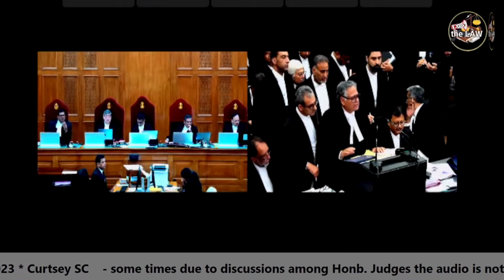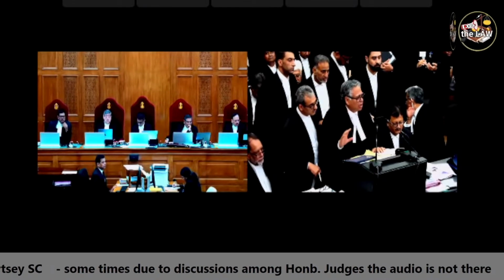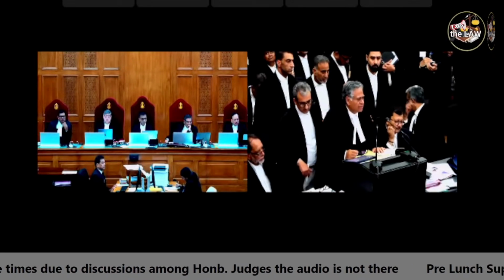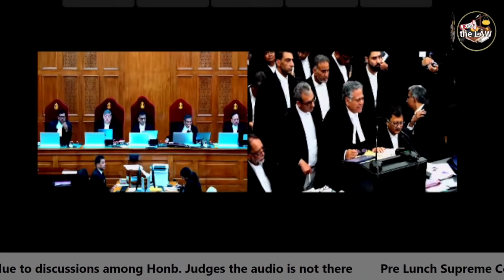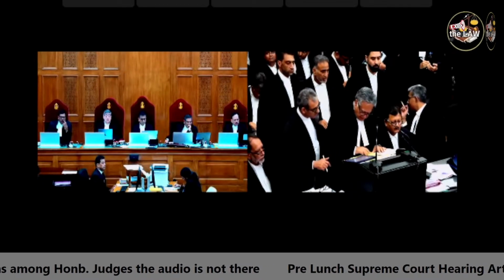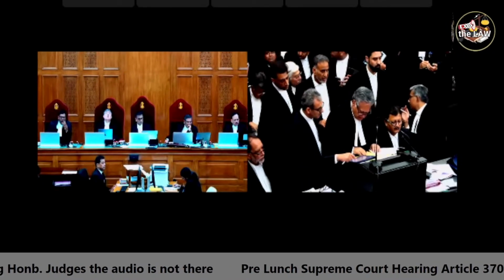It's altogether a different provision. The power to provide for resettlement vests in the legislature of the state, and such person shall be deemed to be a citizen of India. This is the modification made in Article 7.